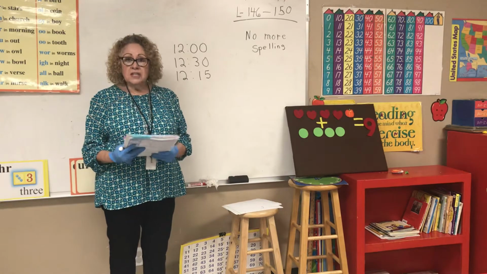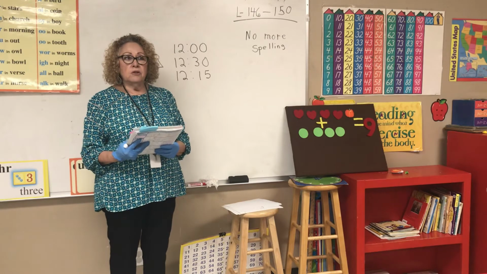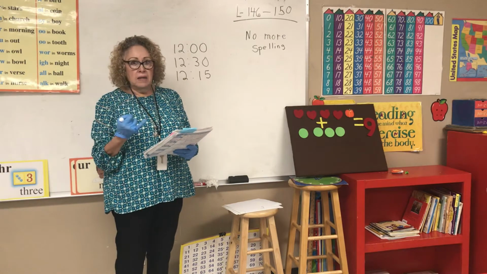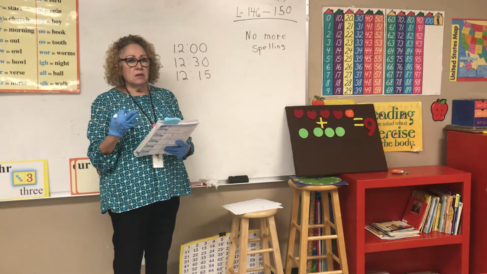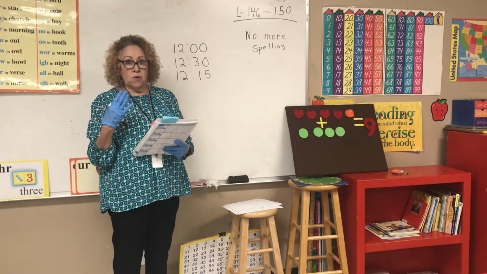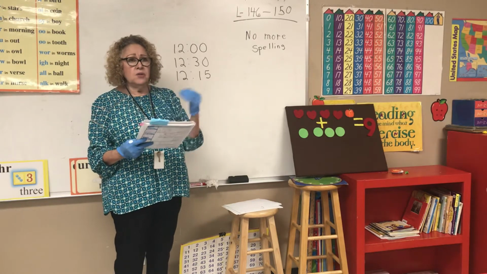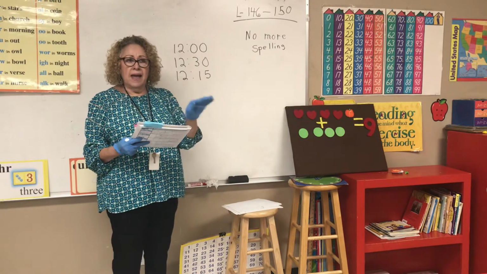I would like you to continue reviewing coins. It's very important that your child knows the value of coins, like the penny, which is 1 cent, the dime, which is 10 cents, the nickel, which is 5 cents, the quarter, 25 cents. And then once you know that they have those skills in place, you start having them add.